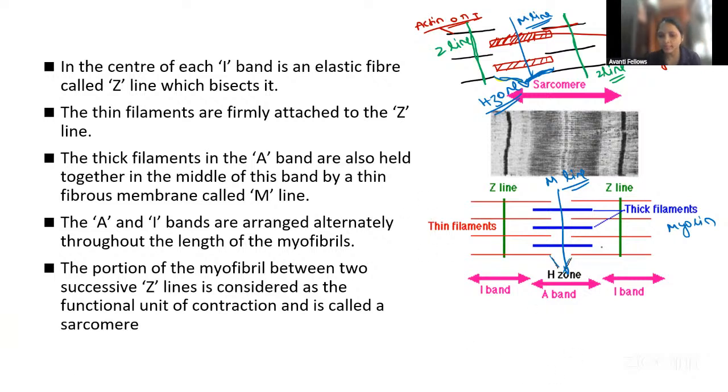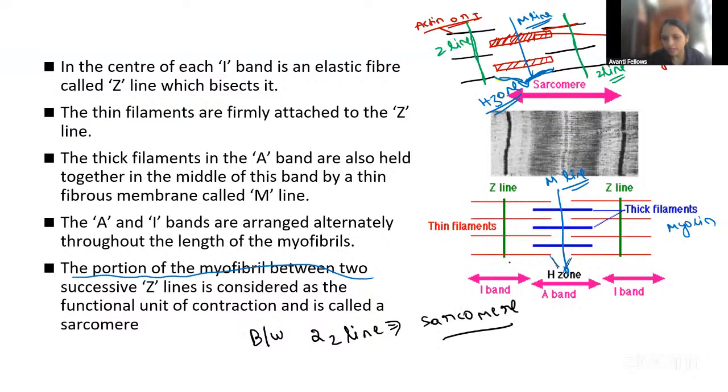And here you have to see, between the two Z lines, the portion between two Z lines, this part, we are going to call as sarcomere.